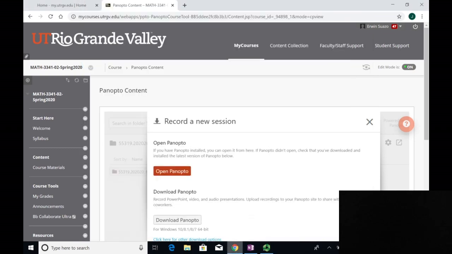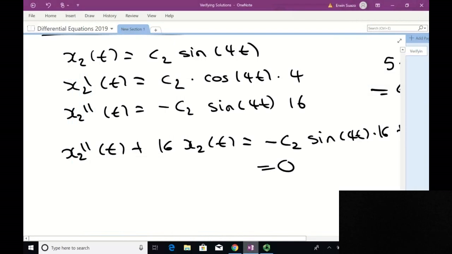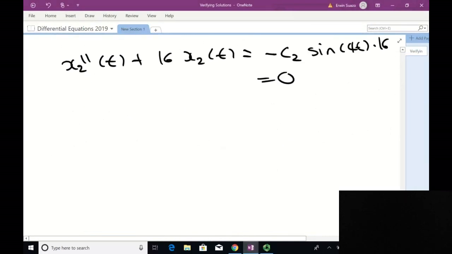Okay, so the last example we're gonna do for verifying a solution is the following.